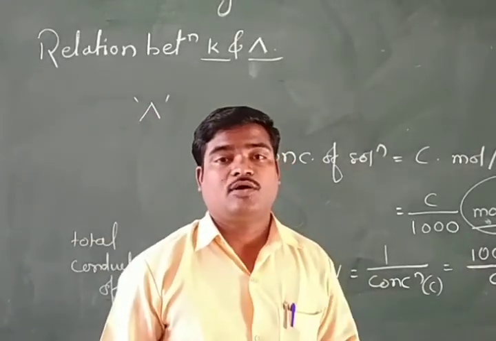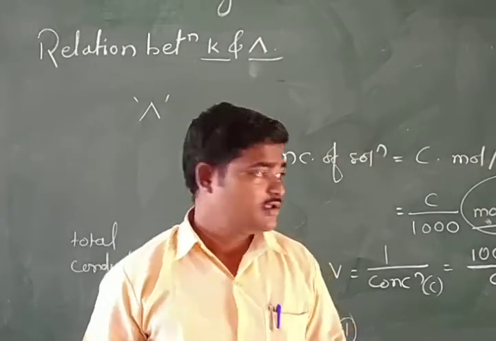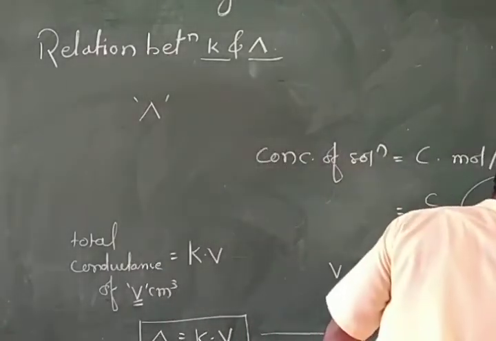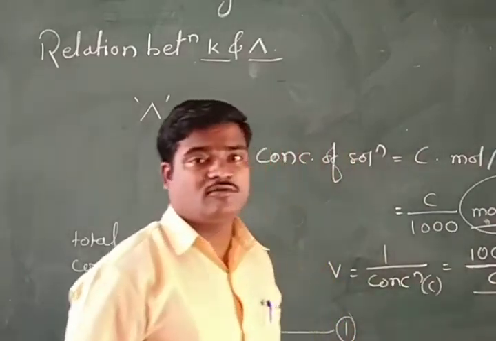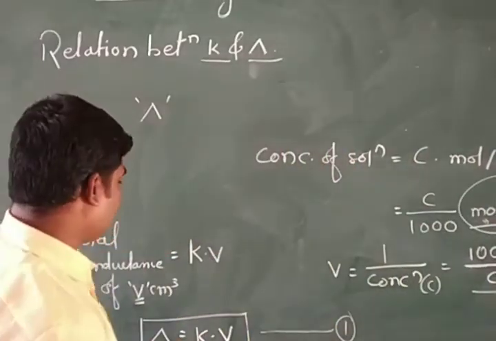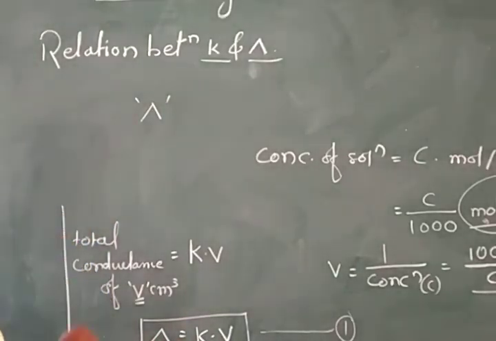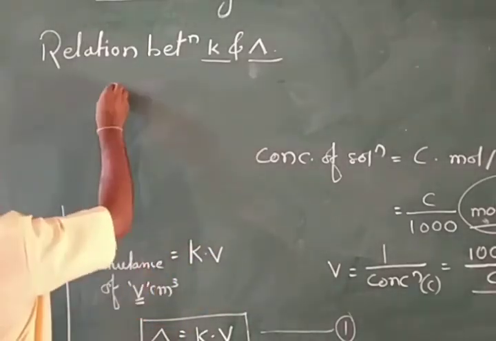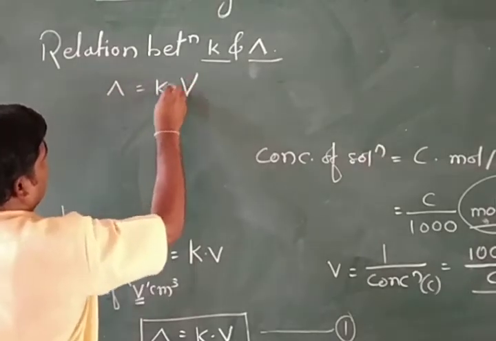Now we have to substitute that value for the calculation of molar conductivity. I am calling this value of V equation number 2. We substitute equation number 2 in the earlier equation, lambda is equal to K into V, and then we get another equation.